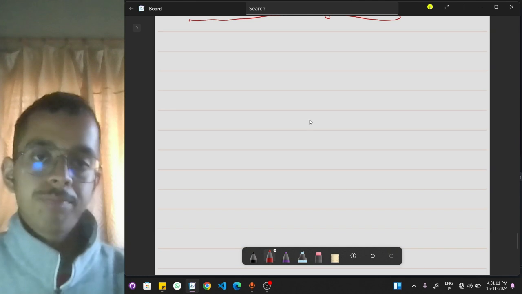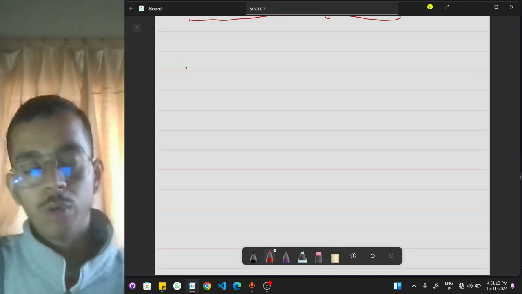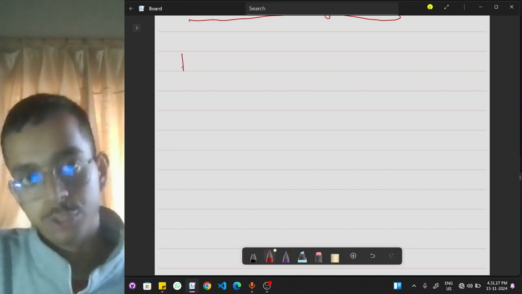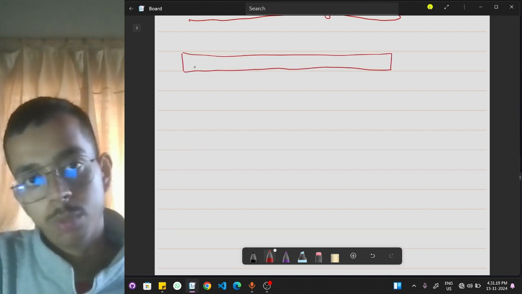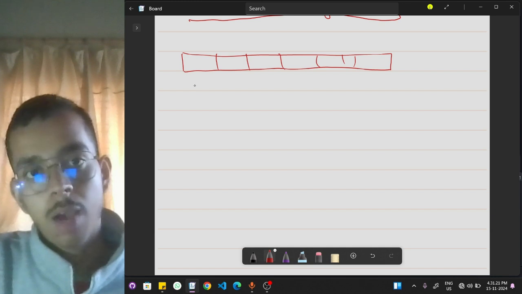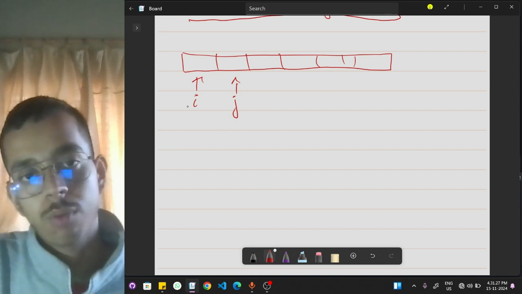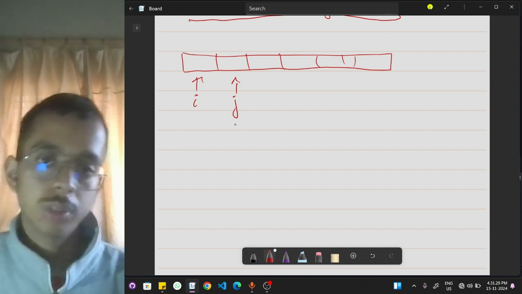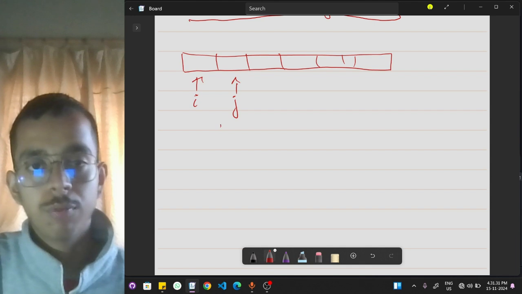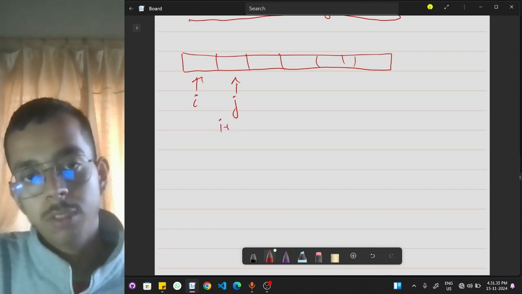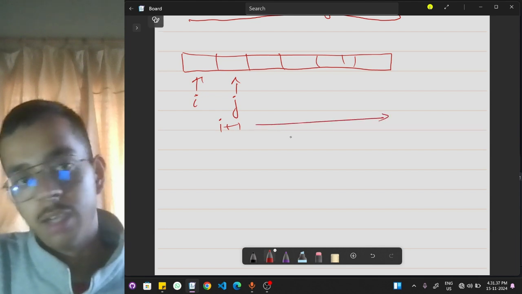So what will you do? You will say, okay, I need to find two numbers, so I will check all the combinations. How am I going to check all the combinations? I'm going to take i here and I'm going to take j here. As i is at the initial position, I'm going to run j from the next position, from i plus 1 till the end.